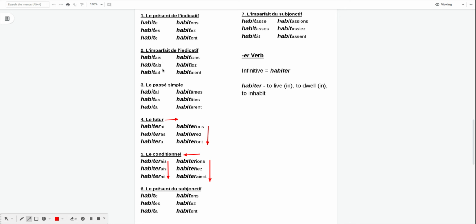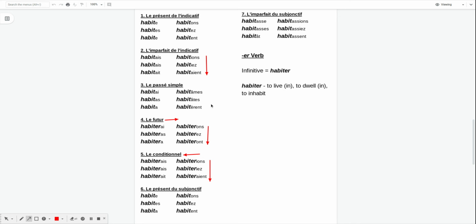So on the singular side, the endings are exactly the same from l'imparfait de indicative to le conditionnel. And then on the plural side, they're exactly the same. The difference between these 2 tenses is whether or not the infinitive is used as the root of the word.